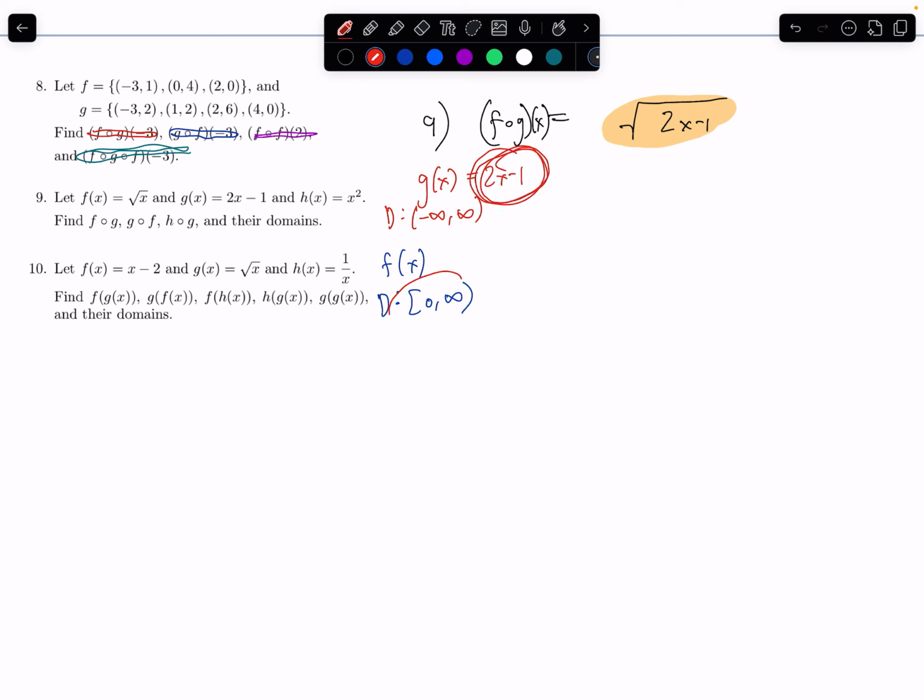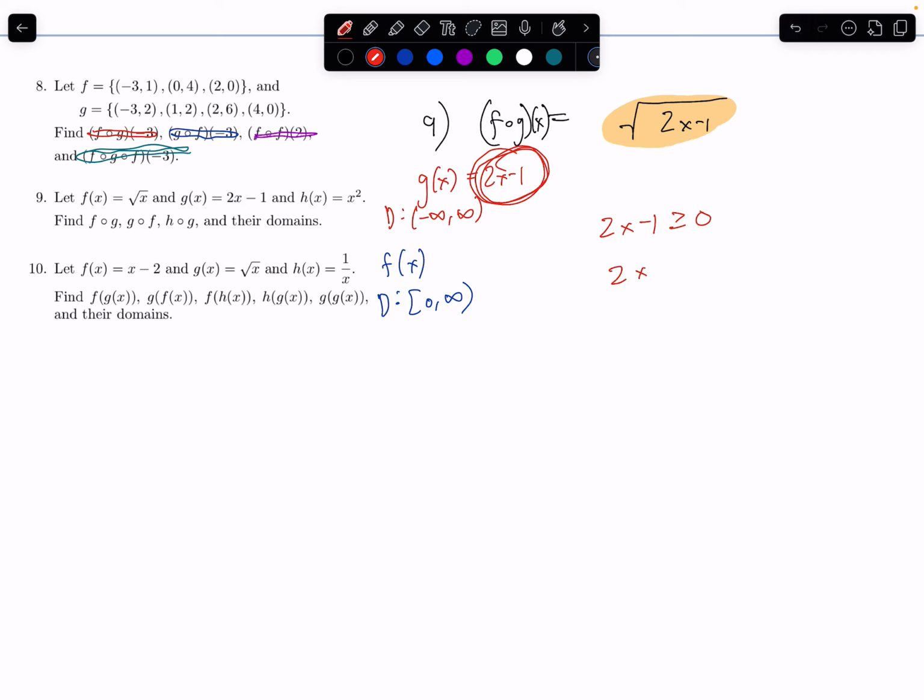So when is this guy going to be within this domain? So when is the result of 2x minus 1 bigger than 0, in other words? So for that, I'm going to solve this as a separate equation. 2x minus 1, I need it to be bigger than or equal to 0. Because bigger than or equal to 0, that's the domain for f of x, right? I mean, just looking at it, you kind of know that though, right? Just looking at this resulting composite function, this whole thing underneath has to be bigger than 0.